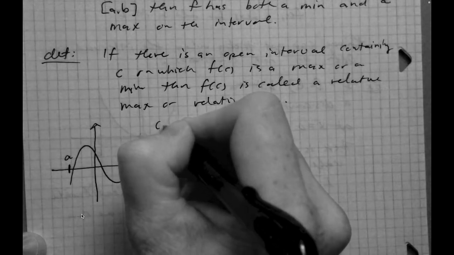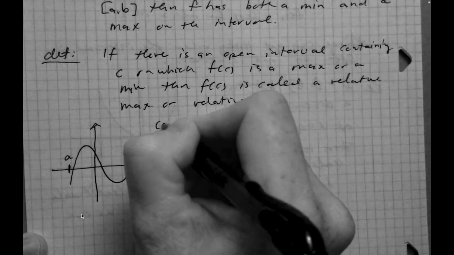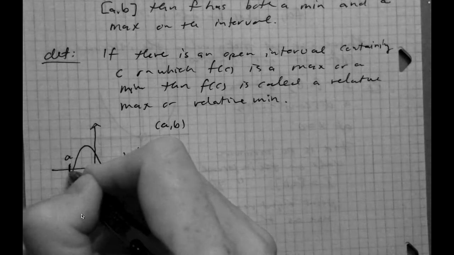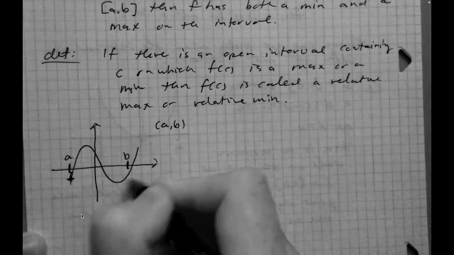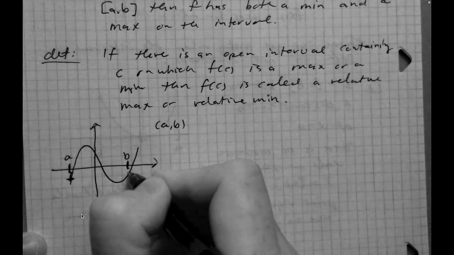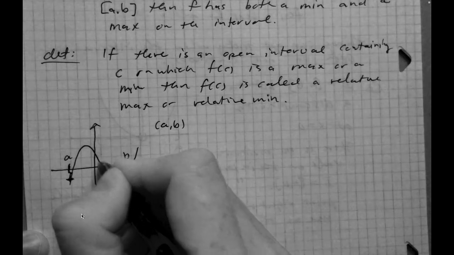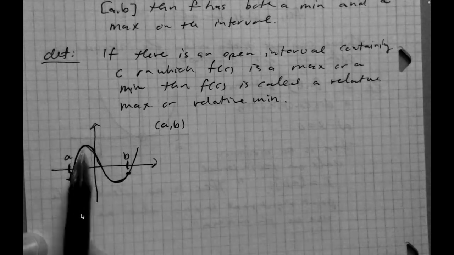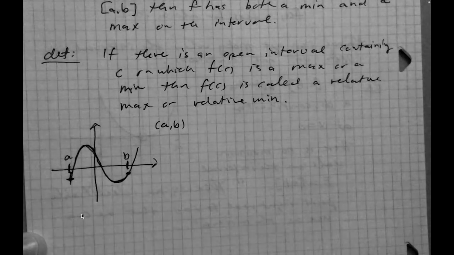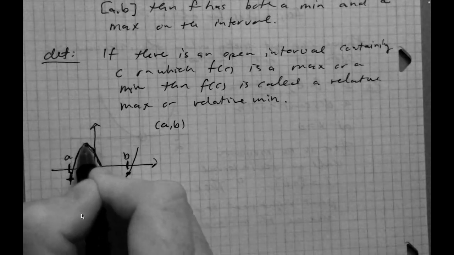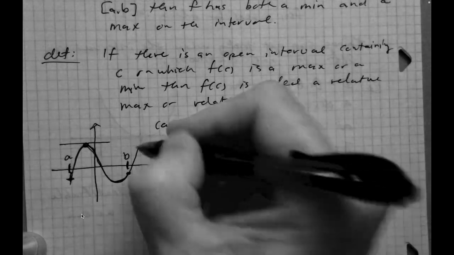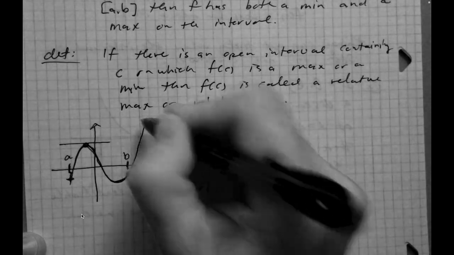And remember now, this is an open interval, (a, b). So basically between this point here and this point here, this is the part of the function that we're interested in. On that interval, there's a relative maximum here, right up at that point. Now it's not the maximum of the entire function, right?